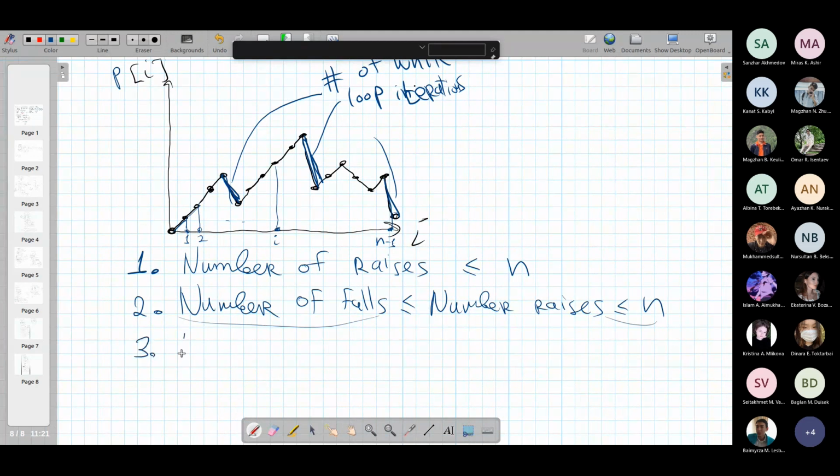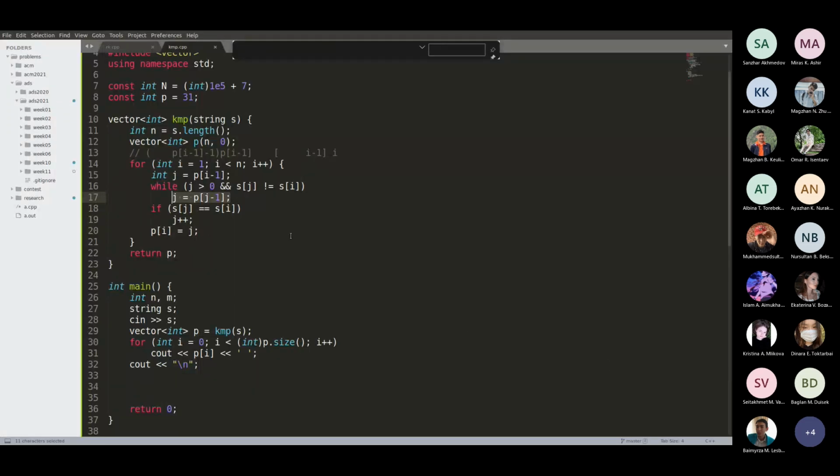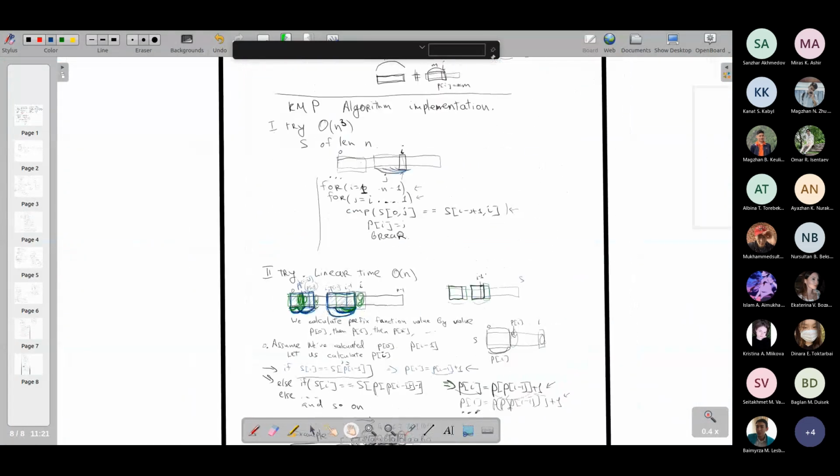And third, the number of falls is equal to the number of while loop iterations. You see this while loop inside of the prefix function, in other words these jumps.